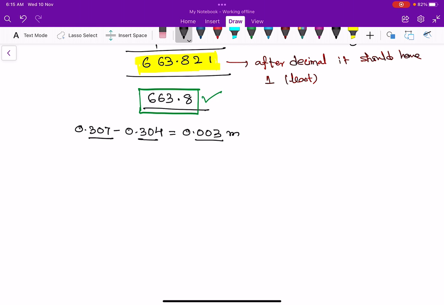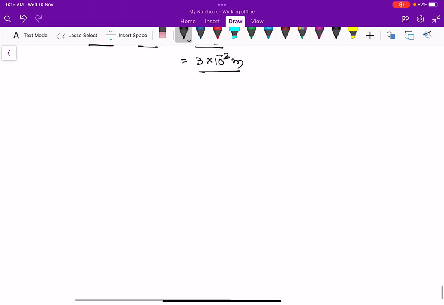If you want to know how many significant figures there are, leading zeros are not counted. Shall I write it as 3 into 10 power minus 3 meter? No issue if you write it in scientific notation. So the rule for addition and subtraction is the same.